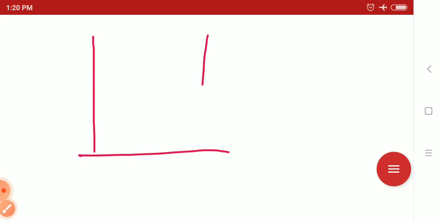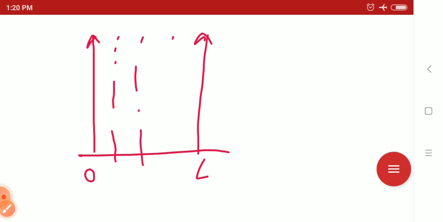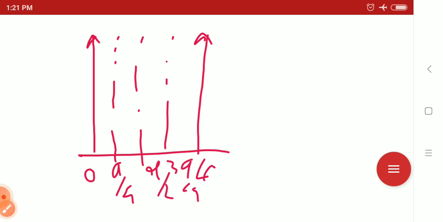Suppose you are drawing a 1D box of length 0 to L. Divide this box into 4 parts: 0 to a by 4, a by 4 to a by 2, a by 2 to 3a by 4, and 3a by 4 to a.